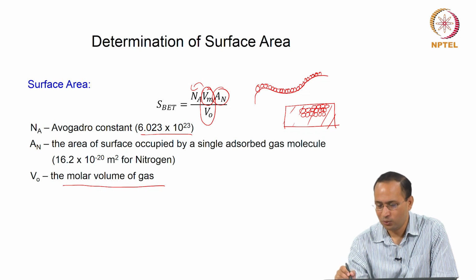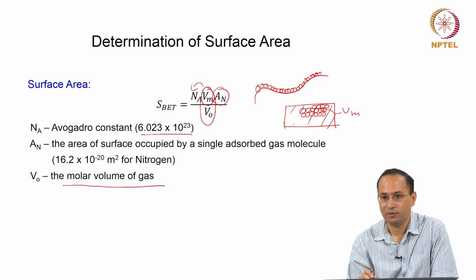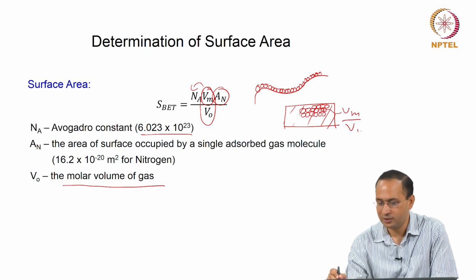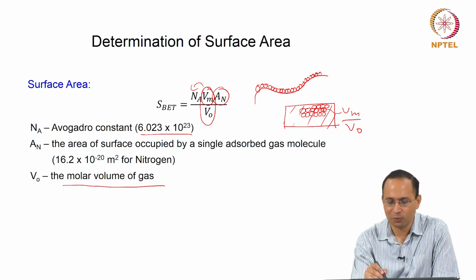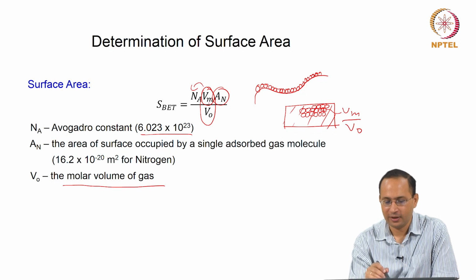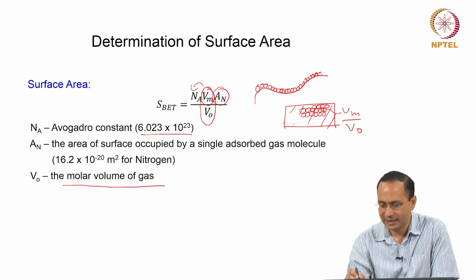So, we know the volume of gas adsorbed, and we have to find how many moles there are, which we can do by dividing by V0. Once you know that, we have to find how many molecules there are. That you can do by multiplying by Na, and finally you multiply by An. An is the projected area.